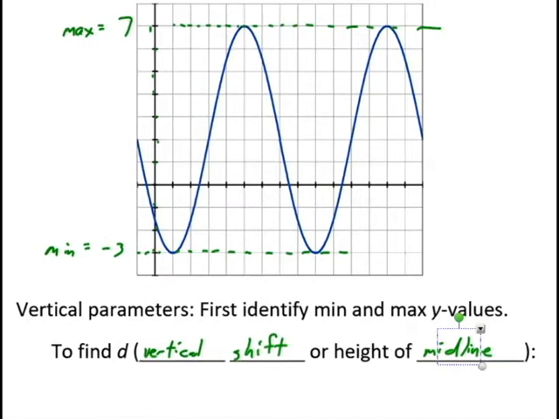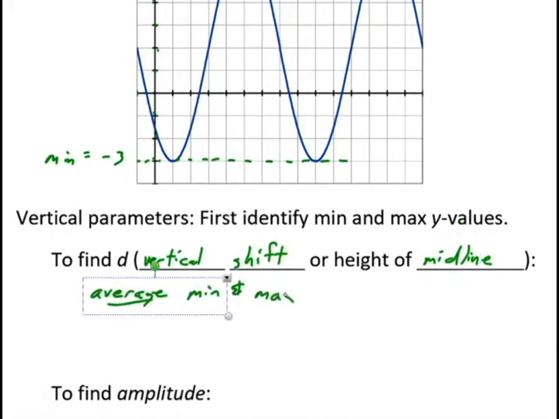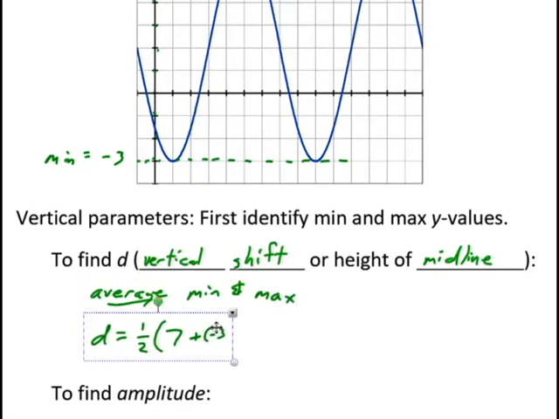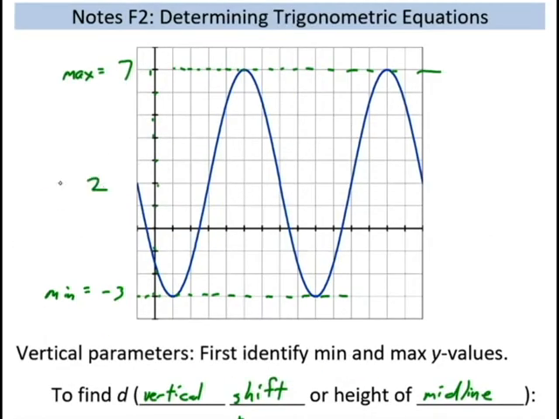What we do to find that is simply average them. We'll add that to the graph. We can verify visually that it looks like it's going right down the middle of the wave, and it is.